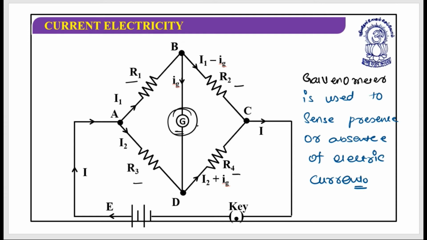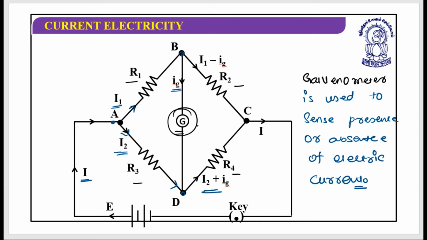Suppose a current I leaves from here, and when it reaches here it splits into two parts: I1 and I2. I1 moves through one side, I2 moves through the other, and from here one more current flows, that is IG, the current through the galvanometer. At junction D, the input currents are I2 and IG, and the output current is I2 plus IG.